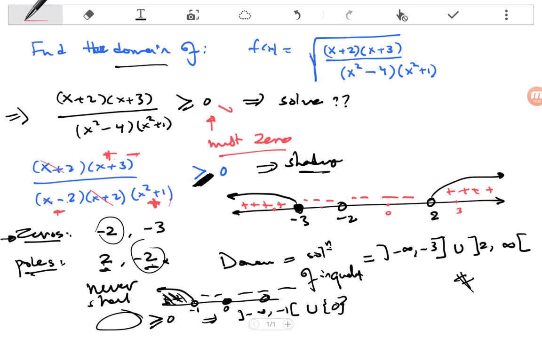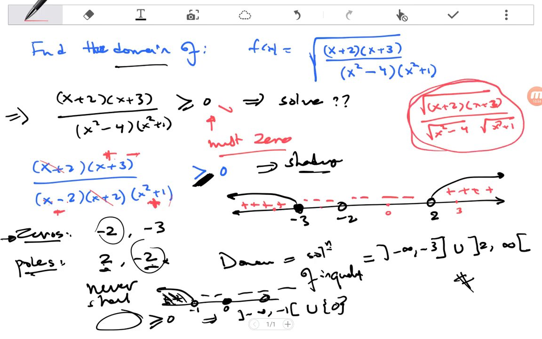Okay, what do you expect if I made that simplification? If I tried to find the domain of (x plus 2)(x plus 3) over x squared minus 4, root of x squared plus 1, would the domain of this problem be equal to the domain of that problem?